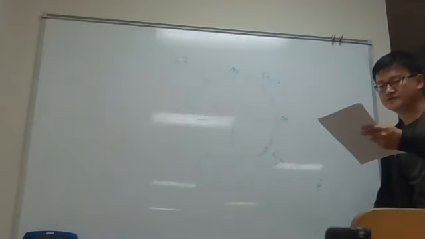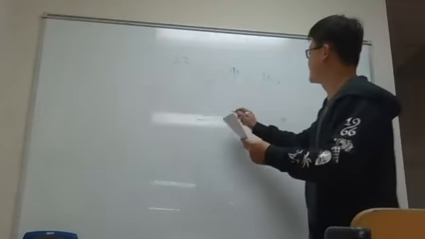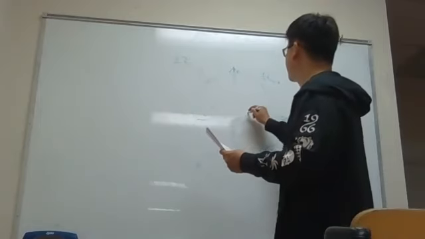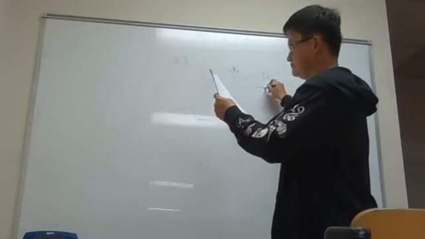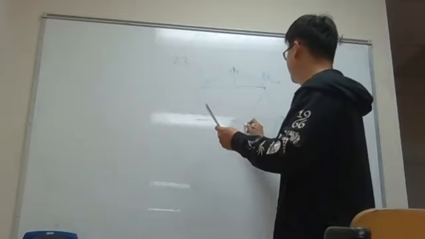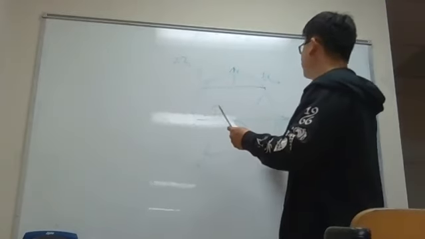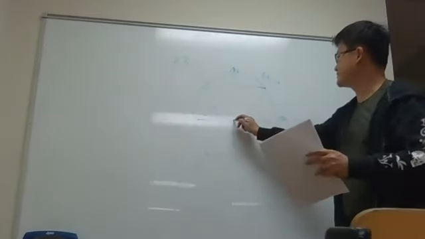Okay, so we have these two semicircles that pass through the origin O. Okay, so what's the ratio of the combined area of the two semicircles to the area of circle O? So this is circle O here.